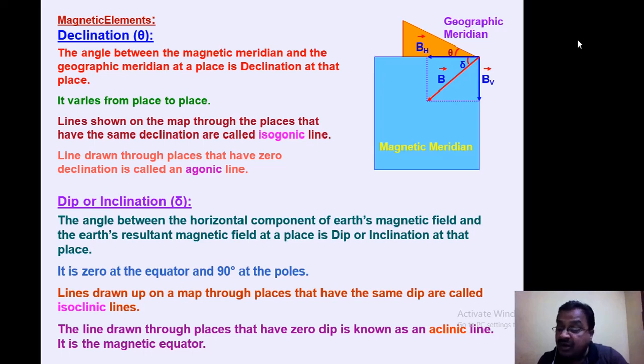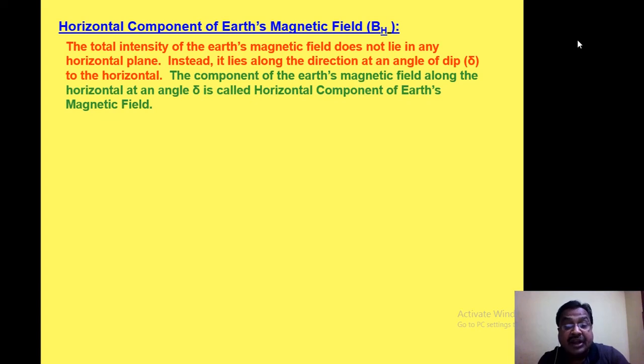Next, the magnetic element that we are talking about is the horizontal component of Earth's magnetic field. Clearly that horizontal component is BH here, and it is the component of the total intensity of Earth's magnetic field along a horizontal line in the magnetic meridian.